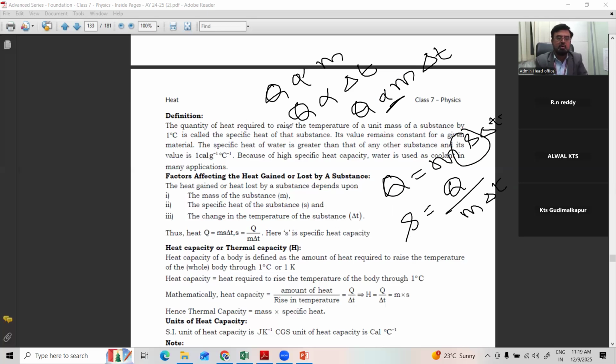The quantity of heat required to raise the temperature of unit mass of a body by 1 degree Celsius is called specific heat, which is measured in calorie per gram degree Celsius. Why? Because Q is measured in calories, mass is measured in gram, and temperature is measured in degree Celsius. S is called specific heat or heat capacity. Right.